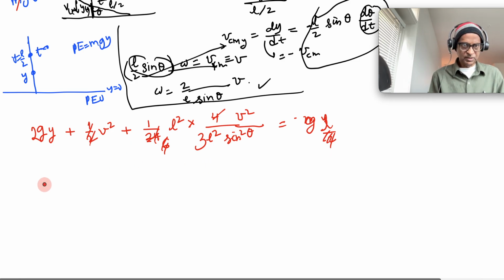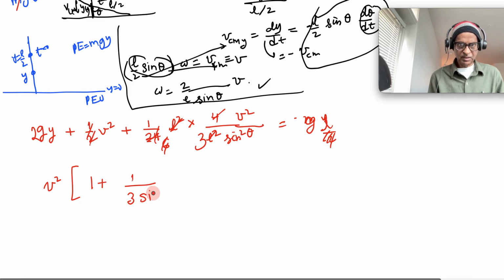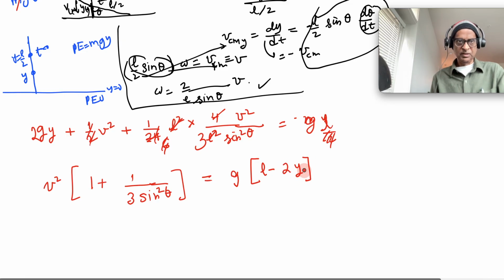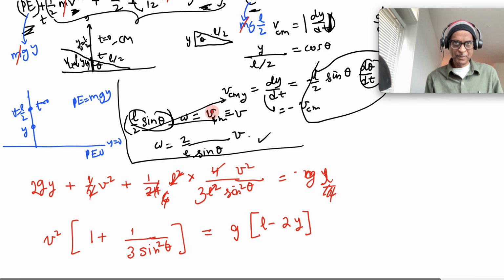So v squared times 1 plus the L squared goes away, 2 over 3 sine squared theta, equals g times L minus 2y, and we already know y equals L over 2 cosine theta, so 2y equals L cosine theta.